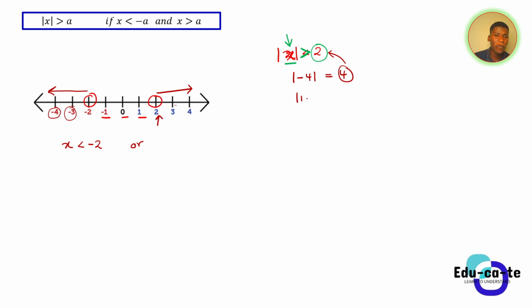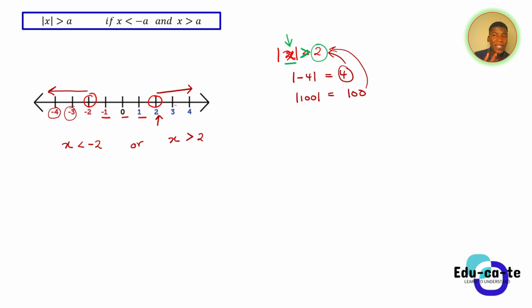Maybe I take the absolute value of 100. 100 is far away on the number line, so I get +100, and +100 is definitely greater than 2, which confirms our inequality. So I need to take x values that are greater than +2.